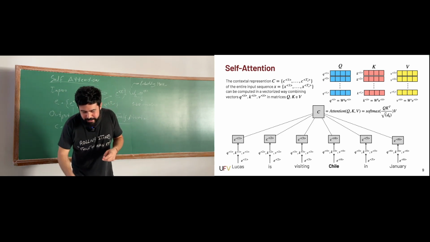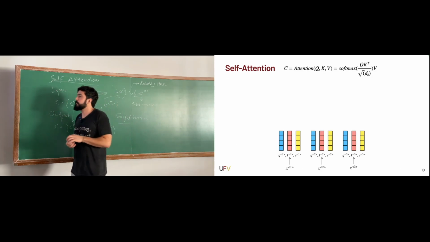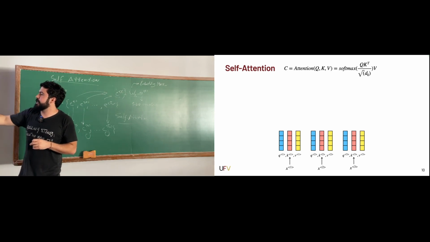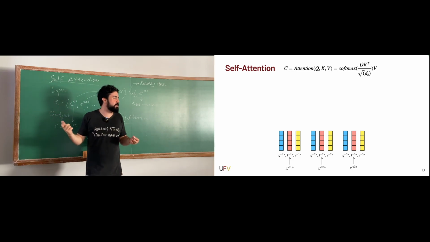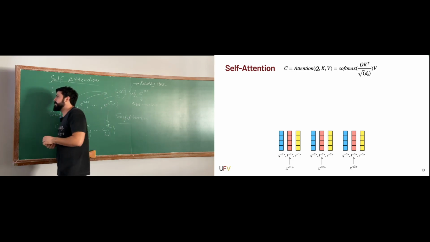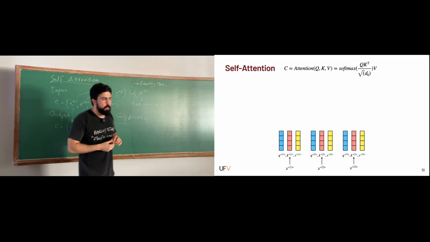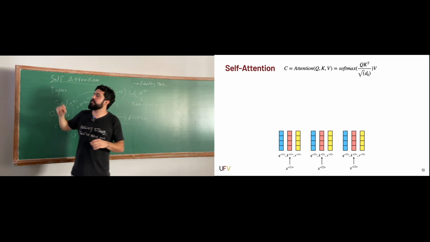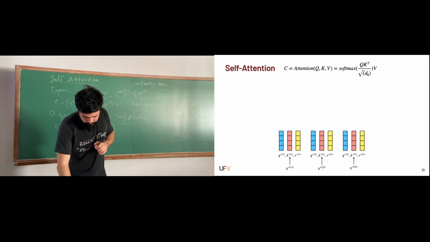And yeah, I know it's hard to look at these equations. So here's an example, okay? Here I have a sentence that is shorter just for the sake of the example. I have 3 elements in the sequence, x1, x2, x3. So for example, imagine I love teaching. I don't know. And I want to encode that sequence. So I produce the Q, K, and V for each of the words x1, x2, and x3.